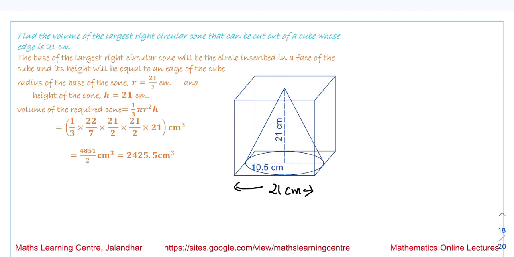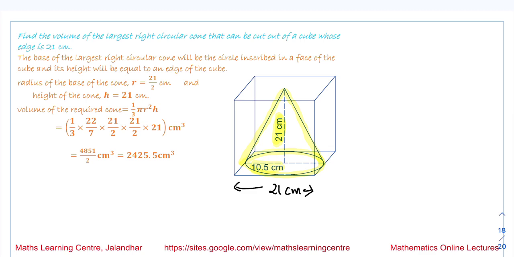The largest cone will be the cone whose base diameter touches all these sides and whose height will be equal to the edge length of this cube. So the radius of this cone should be 10.5 centimeters and the height of this cone should be 21 centimeters. Why? Because we have to find the largest cone.